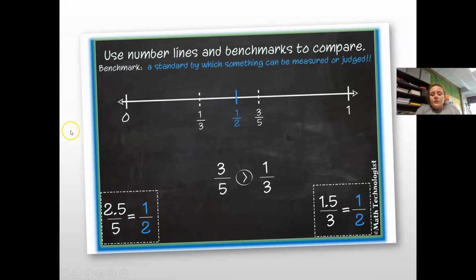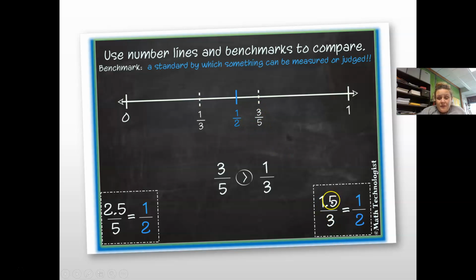Okay, 3/5 and 1/3. Now these get a little harder because you have to split odd numbers in half, but we can still do it. So 2 and a half is half of 5. What's half of 3? Well, 1 and a half, right? So we know this 3 is greater than 2 and a half. So 3/5 is greater than a half.